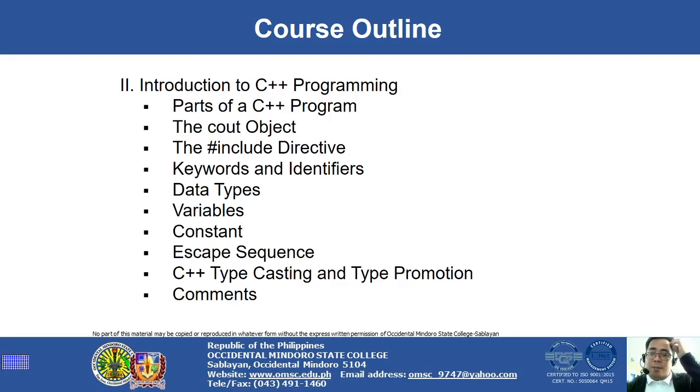Hindi lang basta mag-create tayo ng variables, we have rules, we have naming conventions, ano ba yung appropriate. Though, pwede tayong mag-declare o gumawa ng variables ng ating-atin lang. But then, we have to set a standard para sa paggamit ng variables. So, say for example, pera, o bayad sa binili mo.